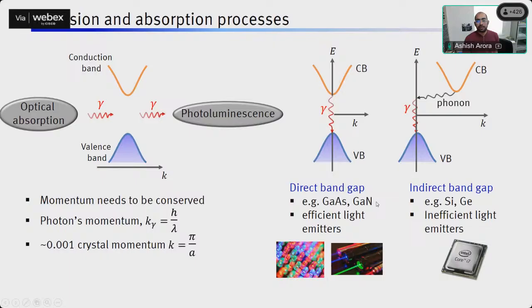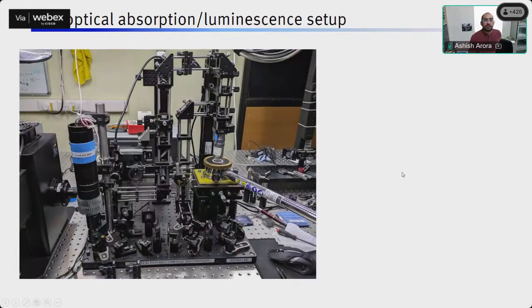Okay, now to measure all of these optical processes in semiconductors, we need certain setups. In the setup which we have at IISER Pune, we need some light source, for example a tungsten halogen lamp or a xenon lamp. The light from this source follows such a path.